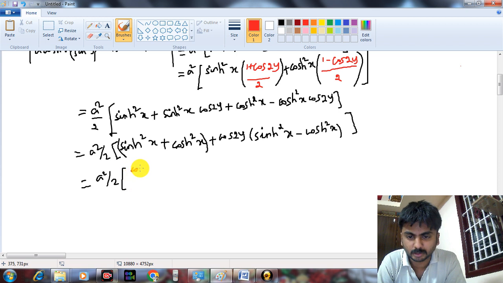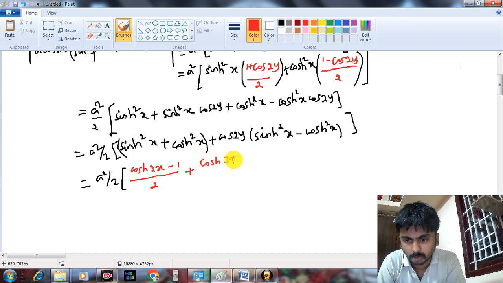Formula for sin h square x is cos h 2x minus 1 whole divided by 2, plus cos h square x is cos h 2x plus 1 whole divided by 2.